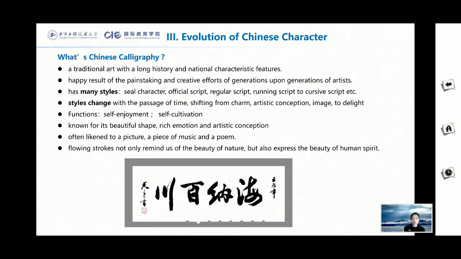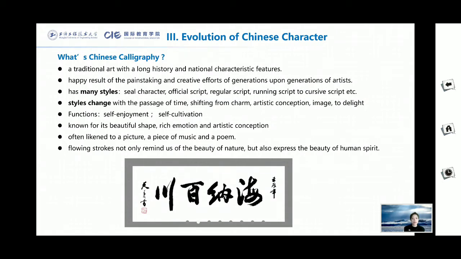Calligraphy native to China is a traditional art with a long history and a national characteristic feature, and it's a happy result of the painstaking and creative efforts of generation upon generation of artists.